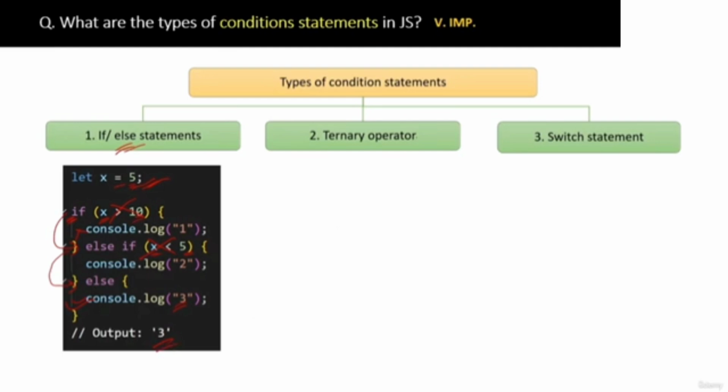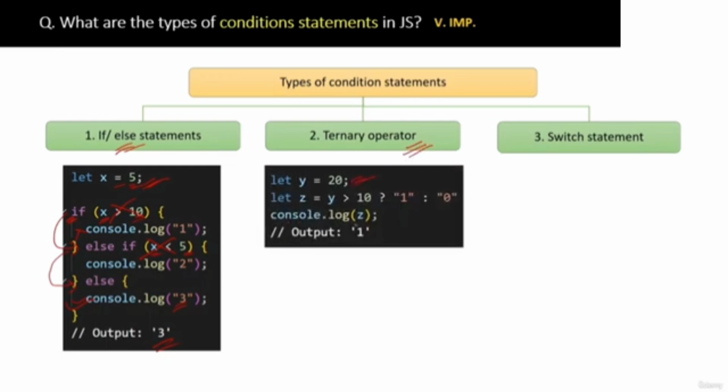The second type of conditional statement in JavaScript is the ternary operator. Here we have a variable y equal to 20. Now we will create a new variable z, which will first check whether y is greater than 10. So this is a condition. In this case y equals 20, so the condition is true.